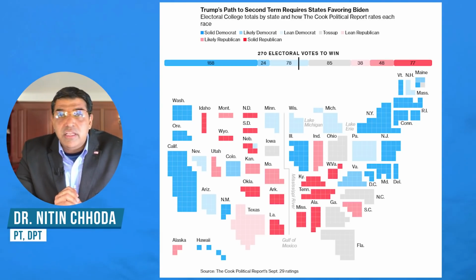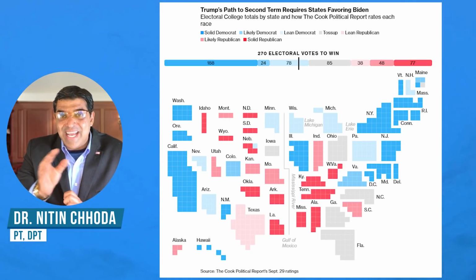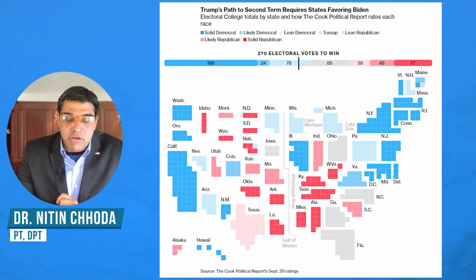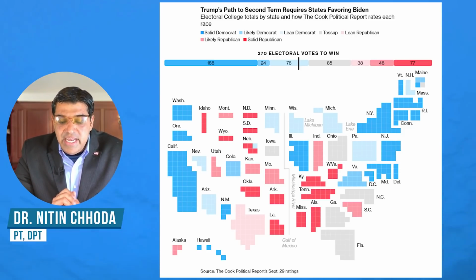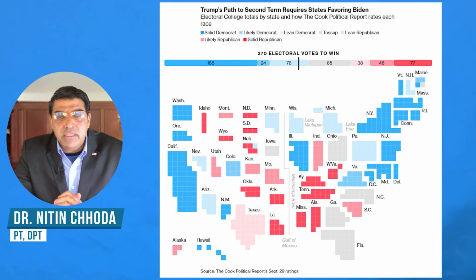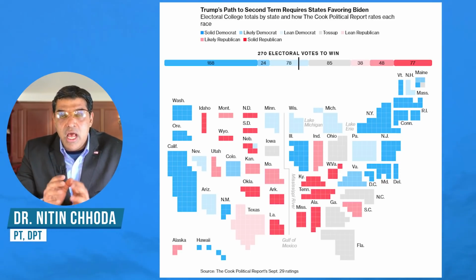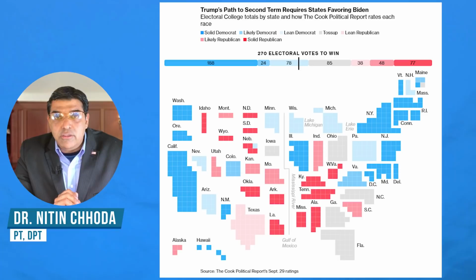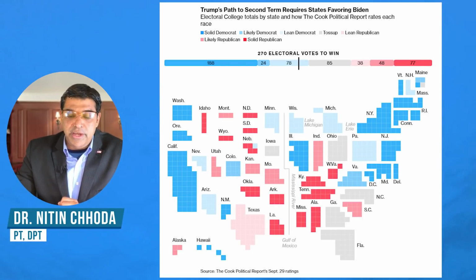So you can see that the states that are in a dark blue color are solid Democrat. The lighter states are likely Democrat, and the very lightly shaded, the light blue states lean Democrat, and the gray states, these are the important ones. These are toss-ups. And then as the shade of red becomes more and more apparent, you'll see that those states go from leaning Republican, likely Republican, to solid Republican.